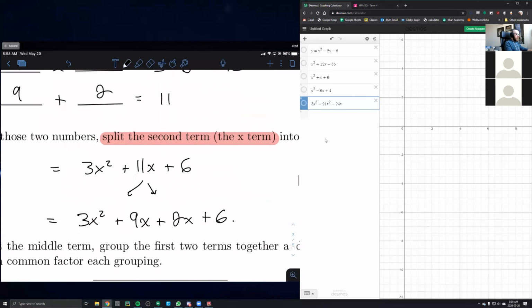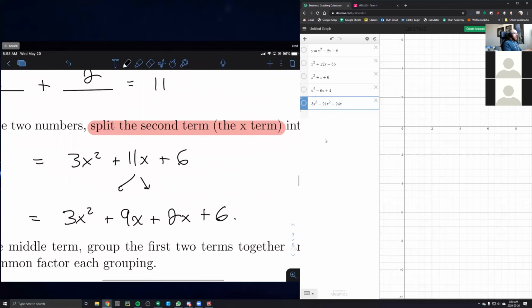Now, just looking at what I've done here, have I changed the equation at all? Have I added anything that wasn't already there, or have I subtracted anything that wasn't already there? No. No, exactly. Good. Because all I've done is rewrite it in a different way, right? It's not like I went and did, I don't know, minus 18, right? I didn't do anything like that.